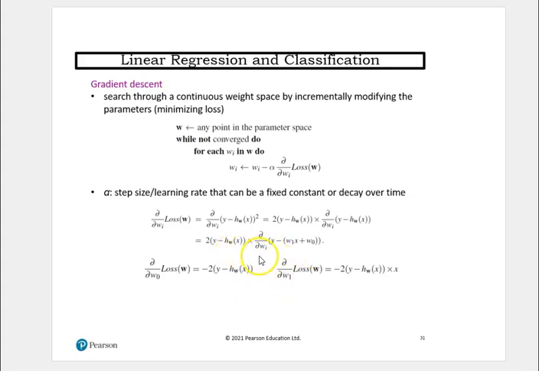And now if I replace w_i with w1, the partial derivative in that case is x. So it becomes negative 2 times y minus h_w times x. So these are the two partial derivatives that we need in order to apply our algorithm here, the gradient descent.